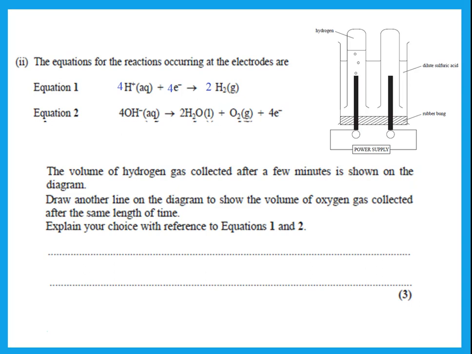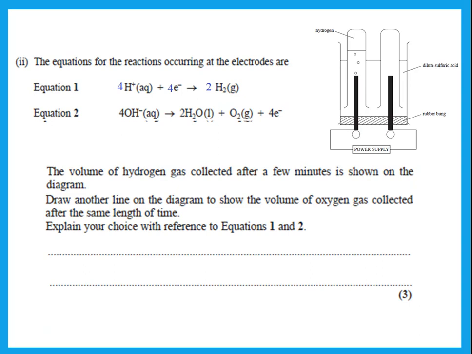So in this case now, the first equation has 4 electrons, the second equation has 4 electrons. So now I can compare the number of moles of hydrogen and oxygen. In this case, I have 2 moles of hydrogen for 1 mole of oxygen, and that means that the amount of hydrogen gas that I should get should be twice the amount of oxygen gas that I get.